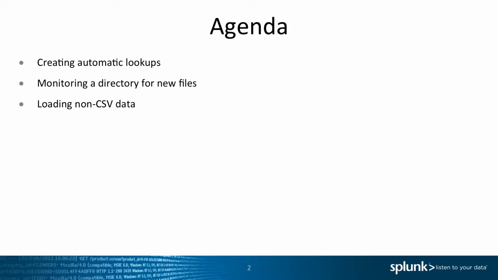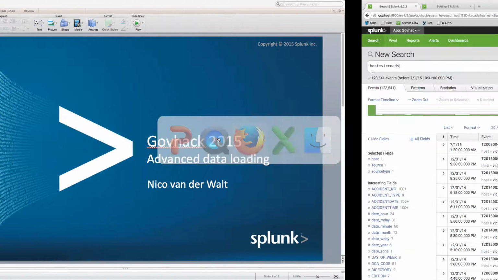So what I'll be showing you in this video is how to create one of those automatic lookups. I'll also be showing you how to monitor a directory on the server for new files and how to load non-CSV data. So I'll be combining the last two of those into a single exercise.